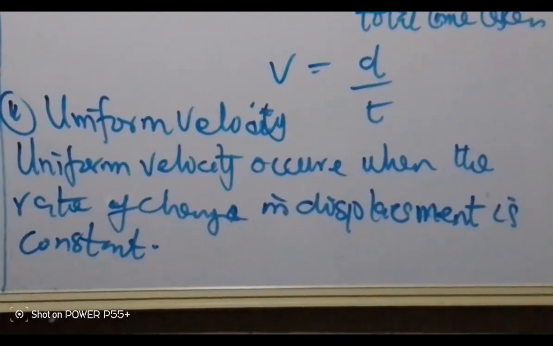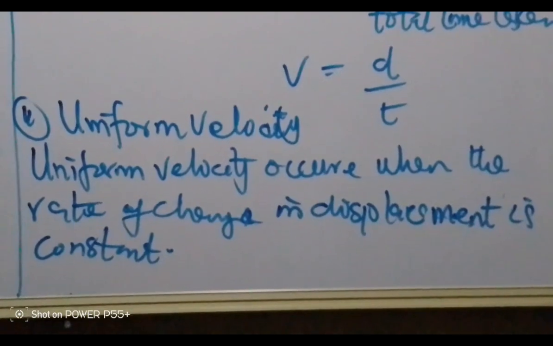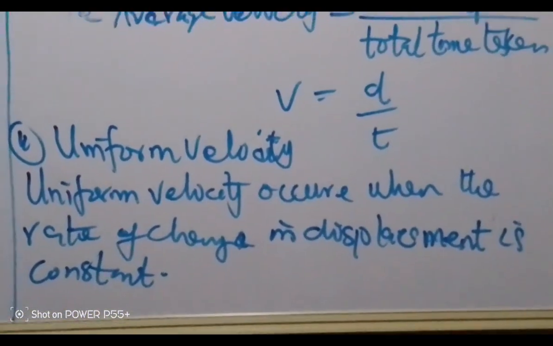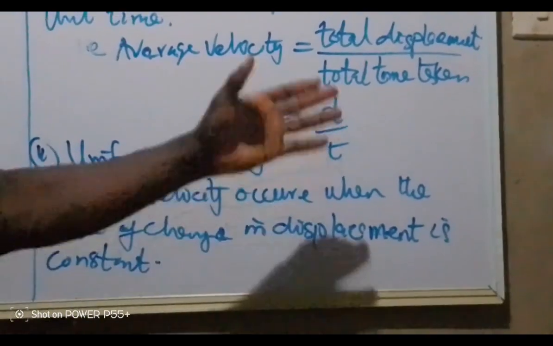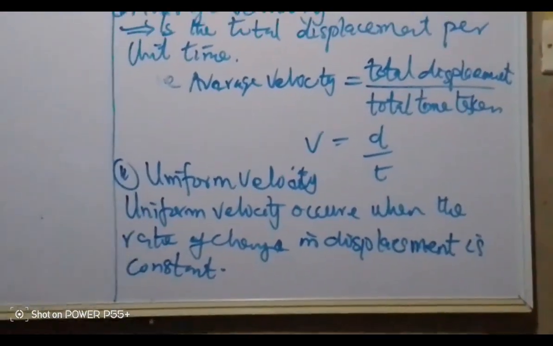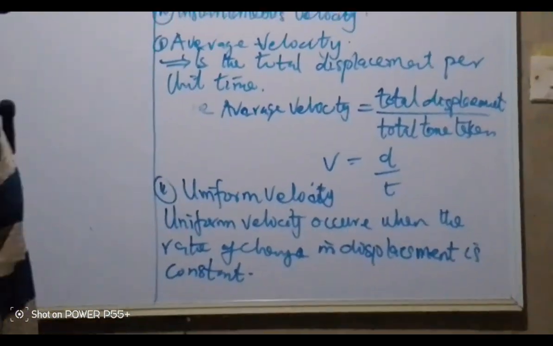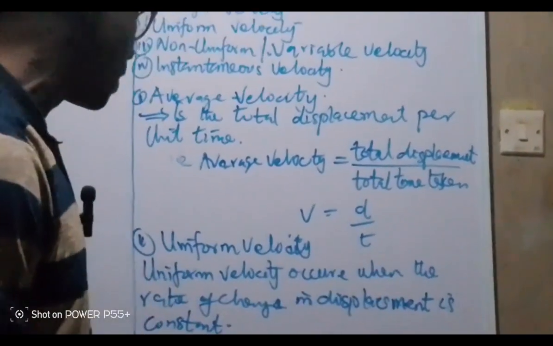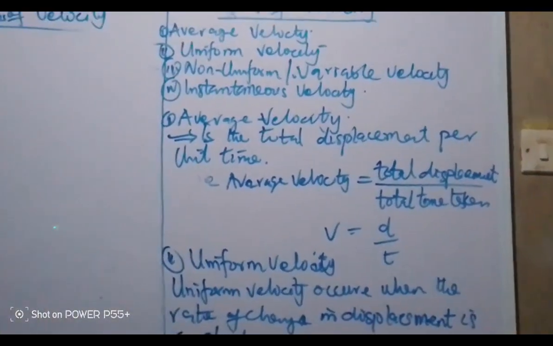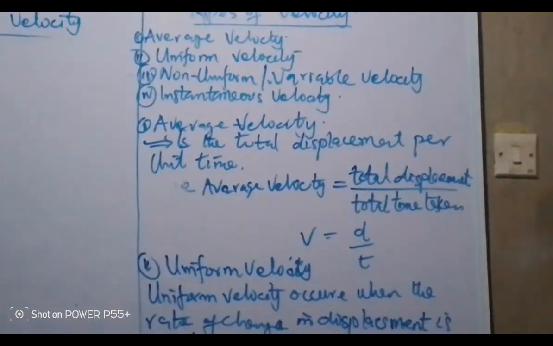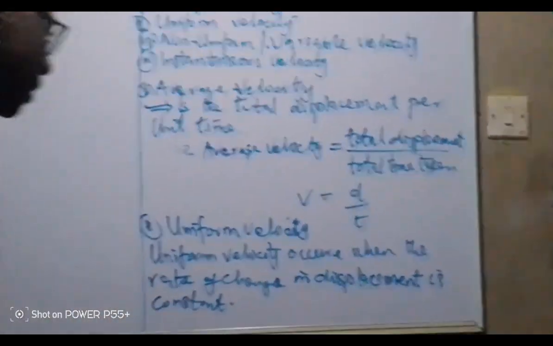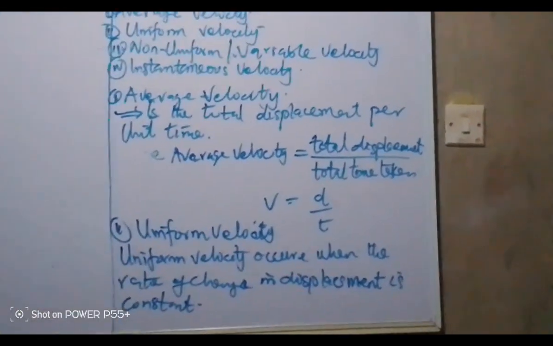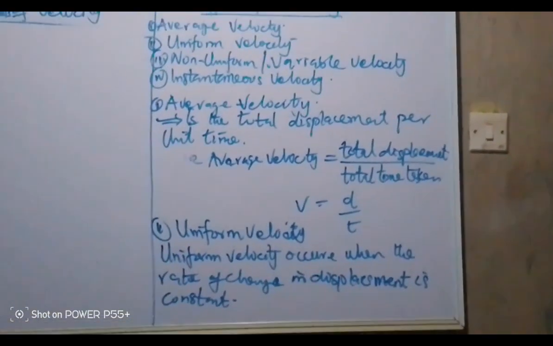When the rate of change in displacement is constant, or as I said the other time, from all the definitions, if you remove displacement and want to put distance, it means the rate of change of distance in a specified direction is constant. Then you have uniform velocity. That is, as the displacement is increasing, time also will be increasing in the same order.